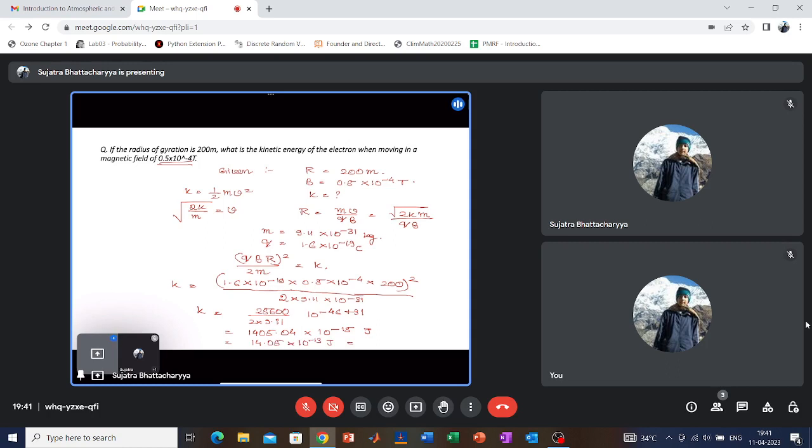So it becomes 8.78 mega electron volt. So just check it, 8.78 into 1.6 into 10 to the power minus 13, the same expression you will get. 1.405 into 10 to the power minus 12. That is same. So this is the answer, right?